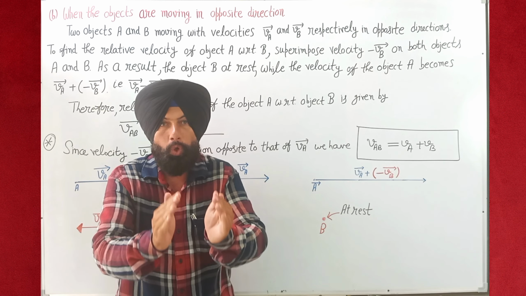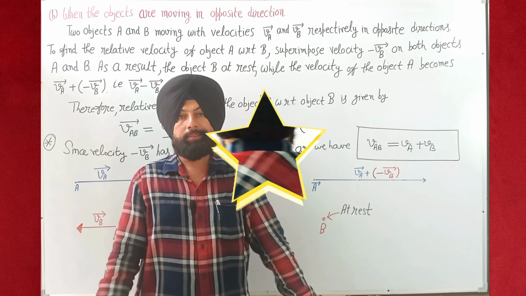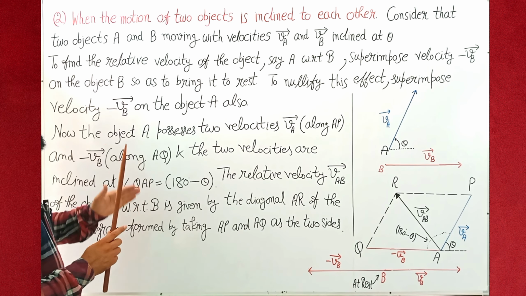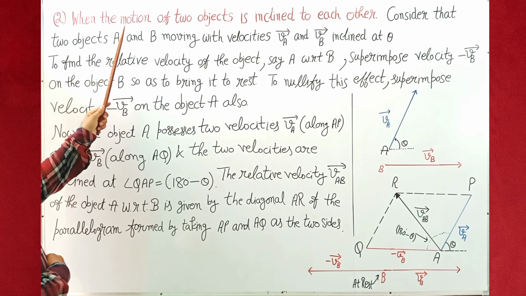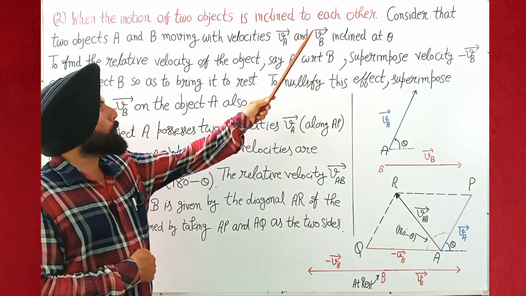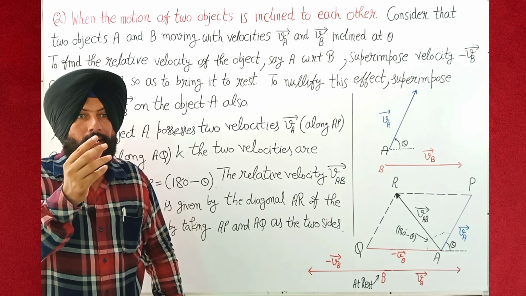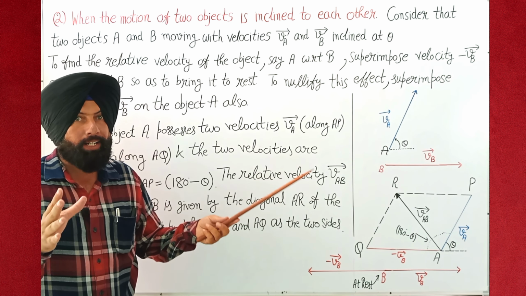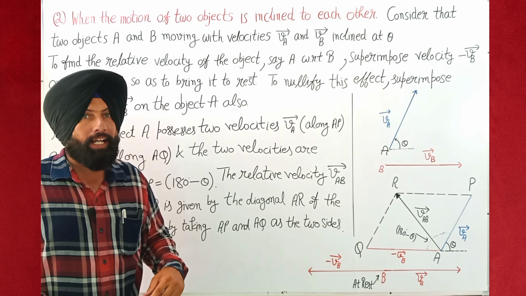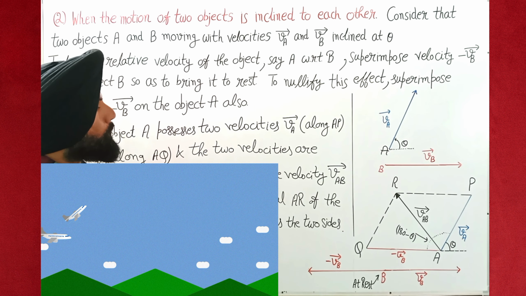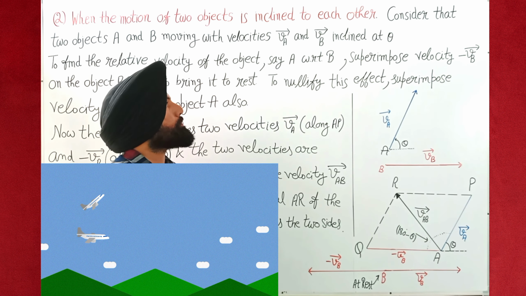So students, now we will discuss the second case, when the motion of two objects is inclined to each other. Means we have two objects which are moving in some direction and making an angle between them. Now we consider that angle theta.